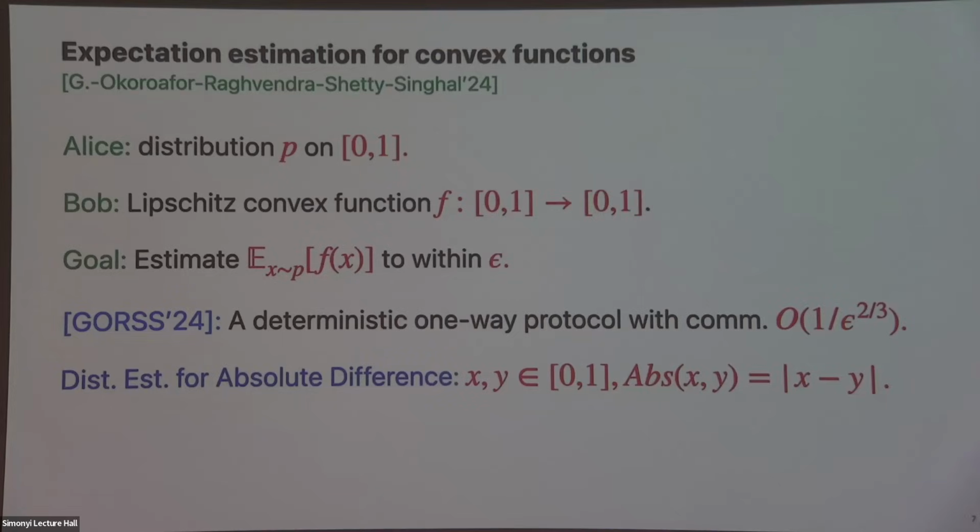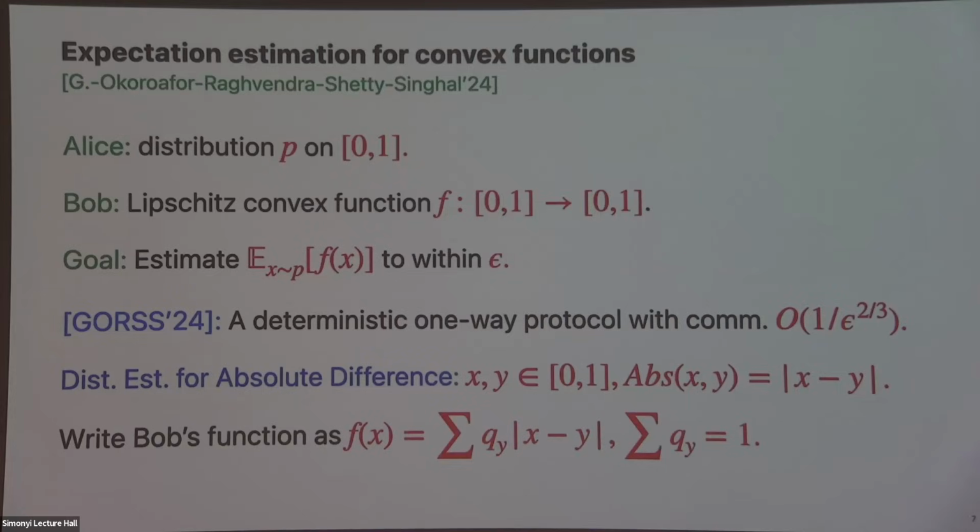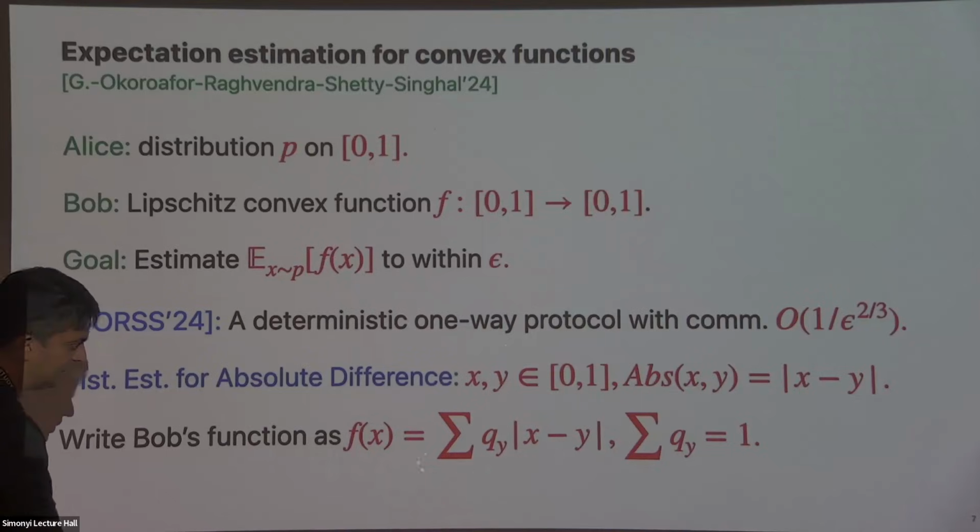Well, we didn't realize this for a really long time, but the proof, when you see it, is just one line. Bob's function is convex. You can write it as a convex combination of absolute value functions of the form |x minus y|, where y is telling you where the minimum of the absolute value function lies. And now this gives you Bob's distribution, because already there was a distribution on x, and now this decomposition of the function is telling you the distribution on y.